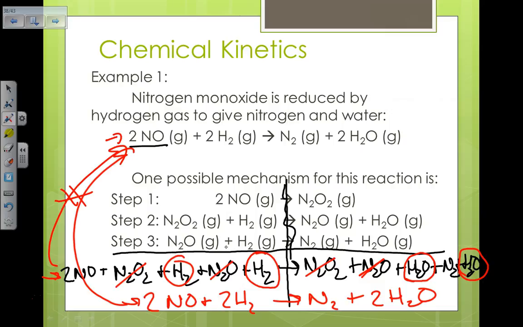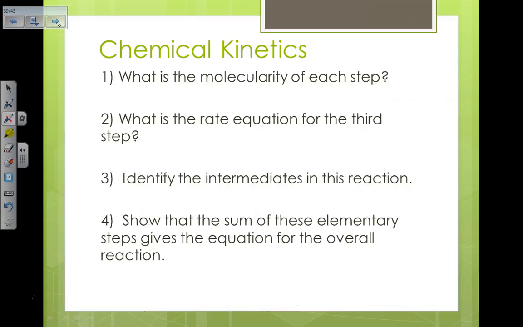Absolutely, after we manipulate the equation by combining like terms and canceling out the intermediates. So this fits the mold of being a possible mechanism. Okay? This fits the mold of being a possible mechanism. So we have answered that question.